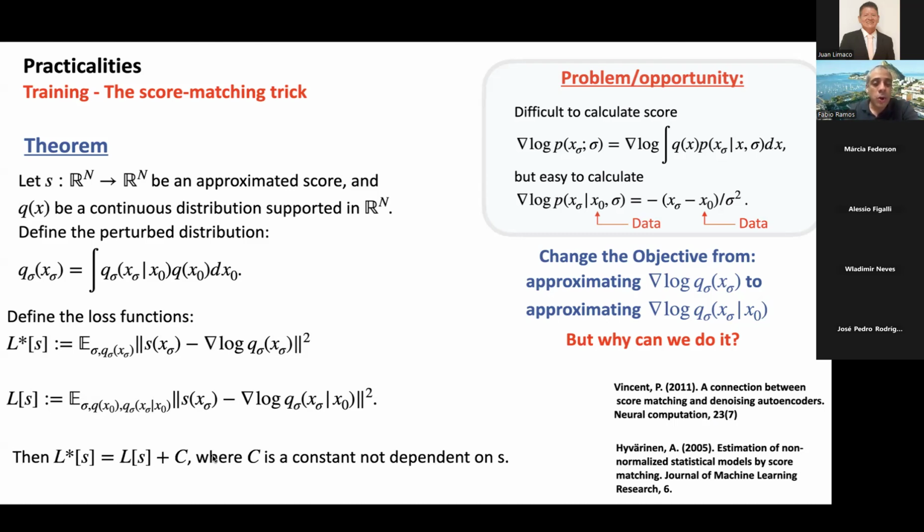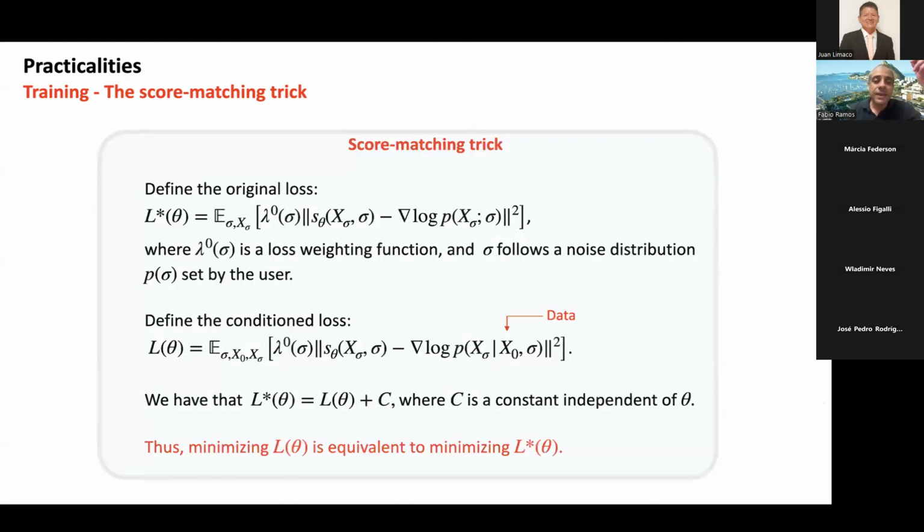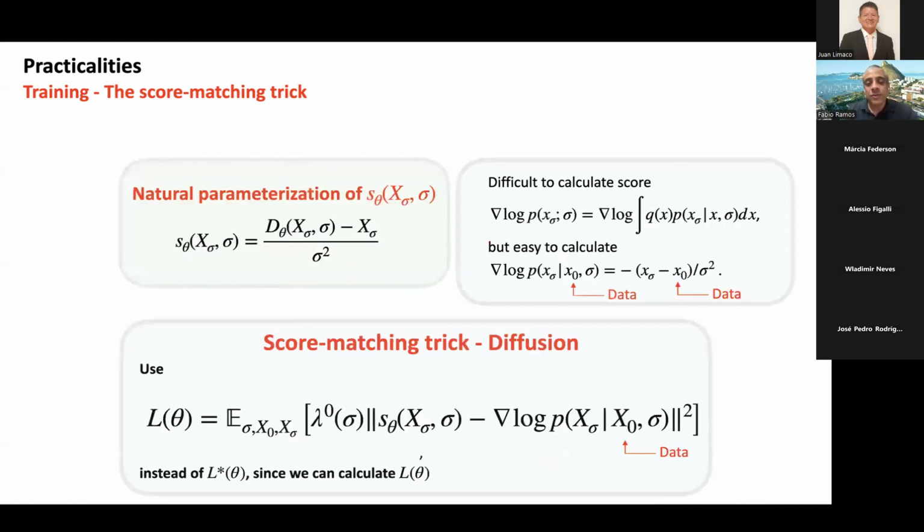That's what I call the score matching trick. Instead of approximating this score, you approximate the conditional score, and then you take the expectation with respect to all the initial conditions. Minimizing this loss is equivalent to minimizing that loss, and that one is easy. So this is the score matching trick.